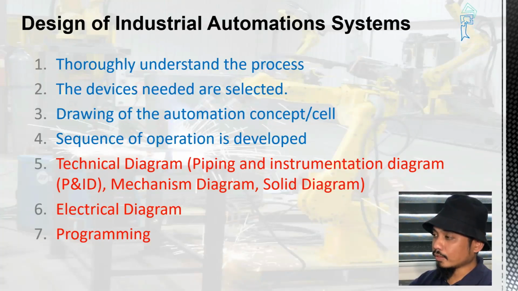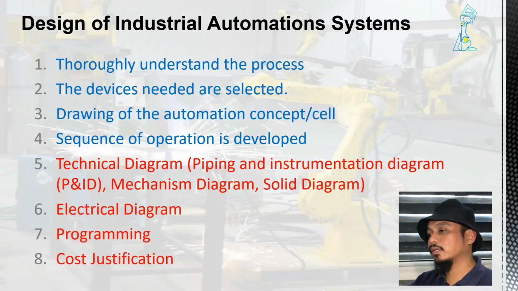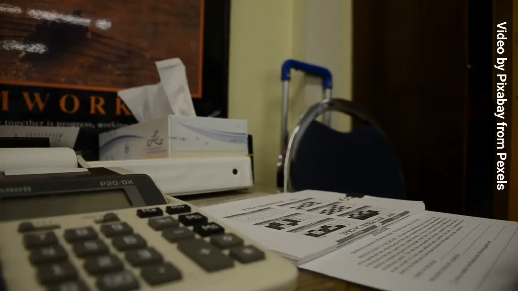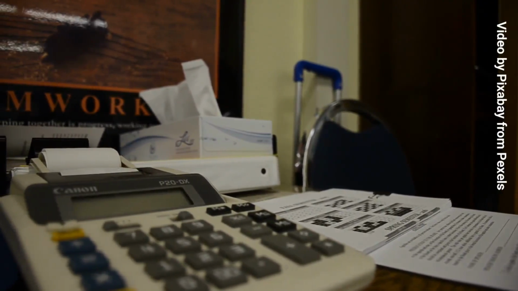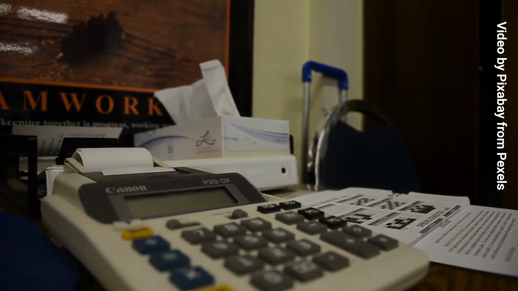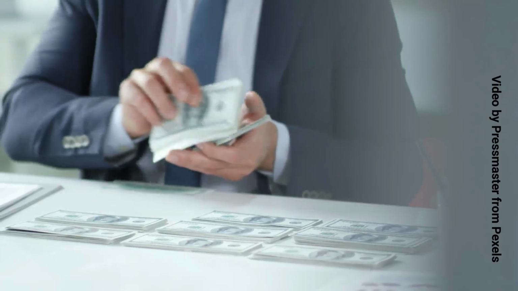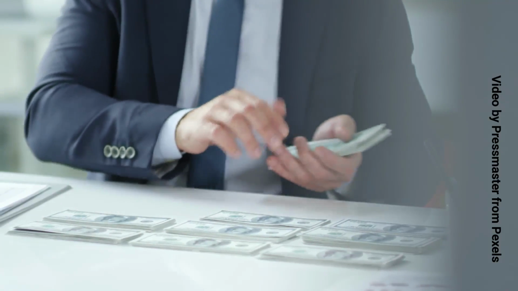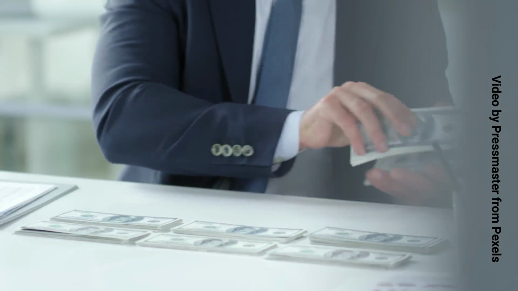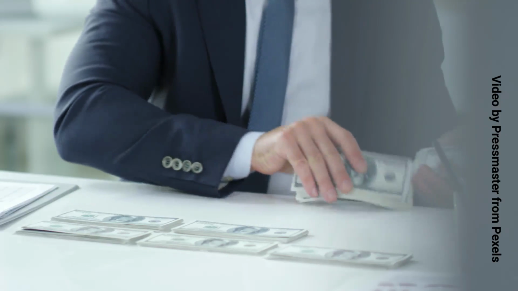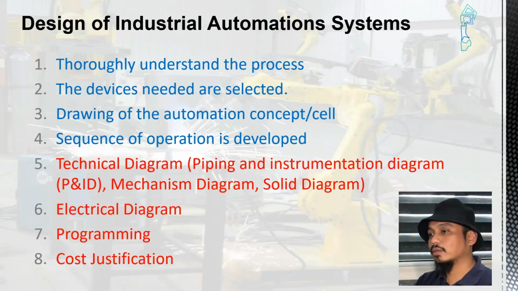Because before we come up with the design, we need to have a cost justification. Actually, for the cost justification, we need to calculate how much the automation system costs. Is it worth this cost by replacing that process with the automated system process?